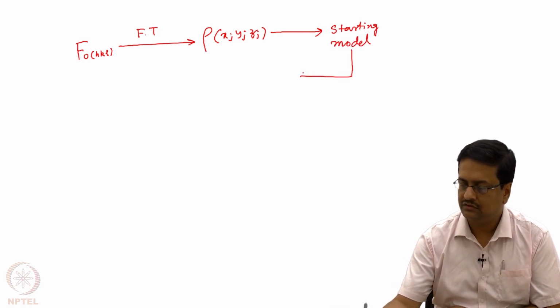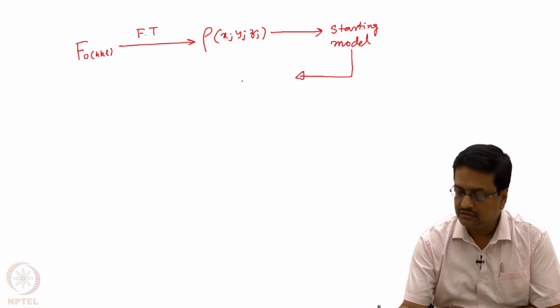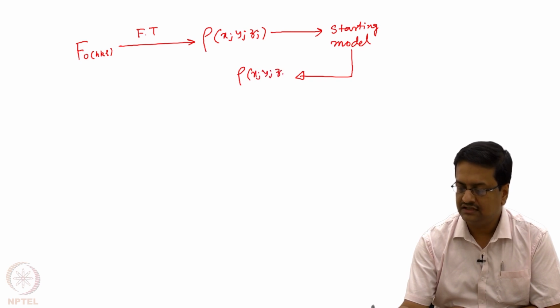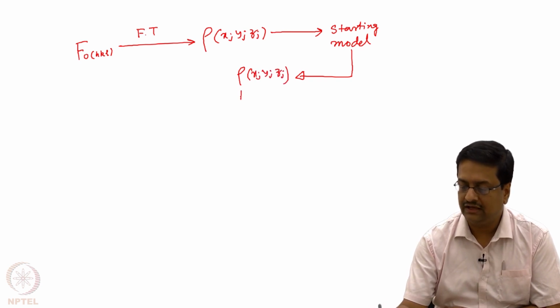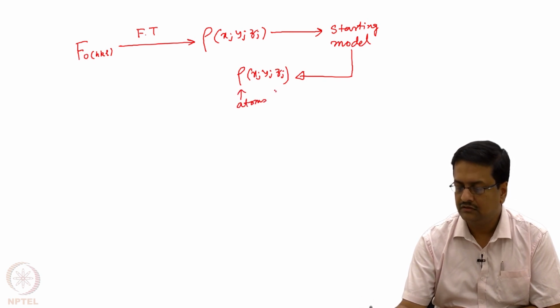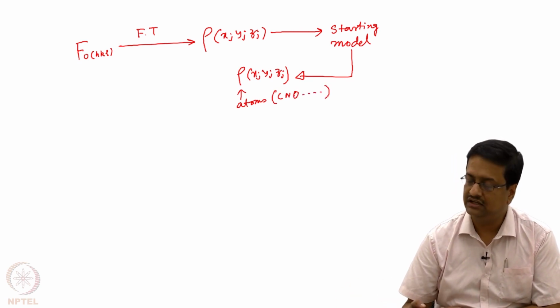So from that we get the correct rho Xj, Yj, Zj, that is, now we have assigned the atoms, carbon, nitrogen, oxygen, whatever atoms are there based on our chemical knowledge.